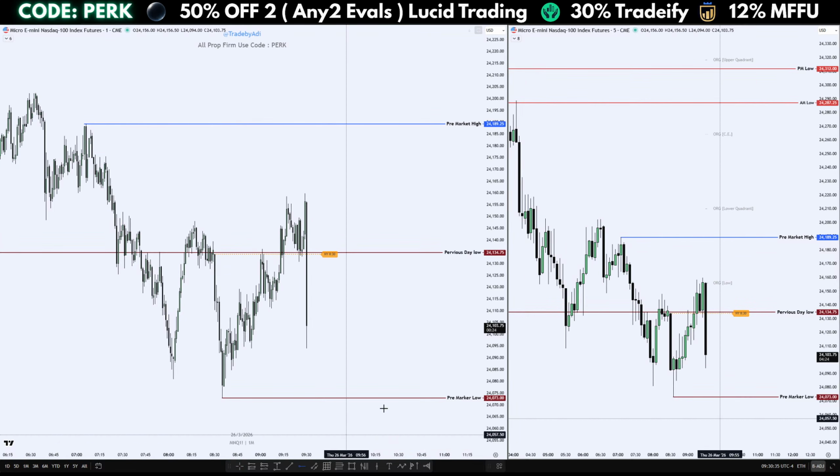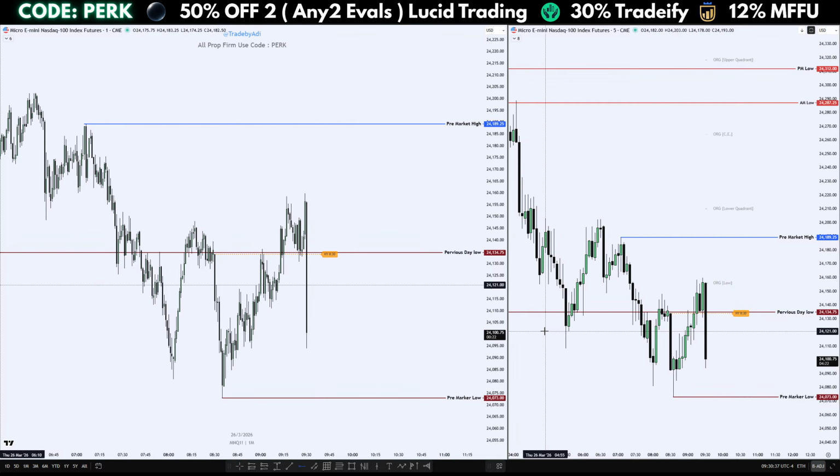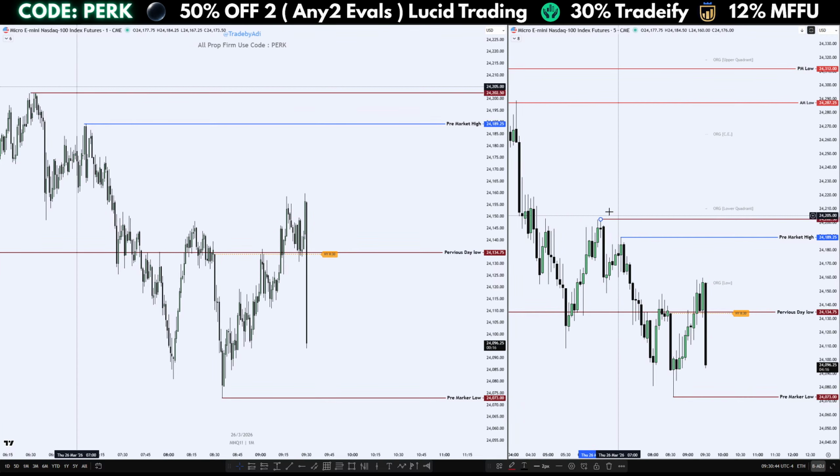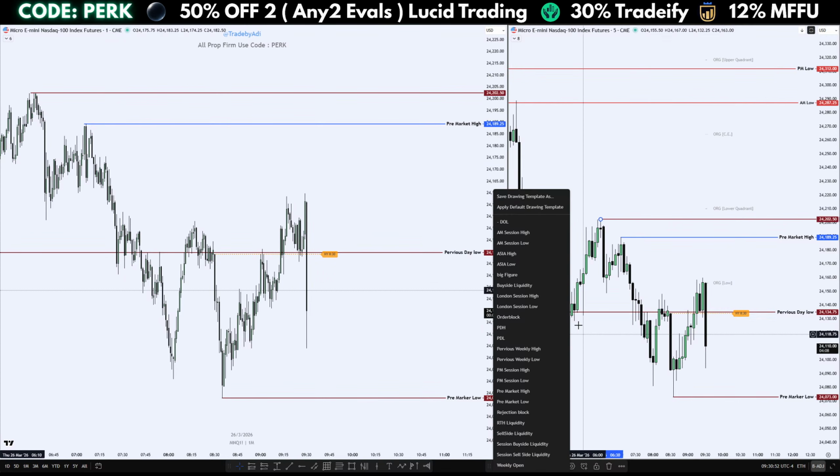This is also the equal highs, and if you check this high, we have made this high on a lunch hour, London lunch hour.